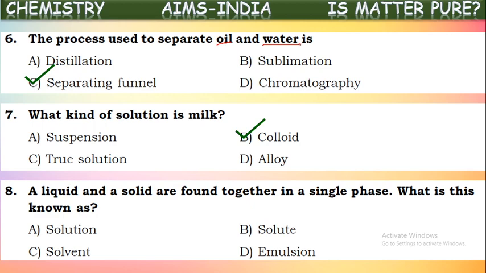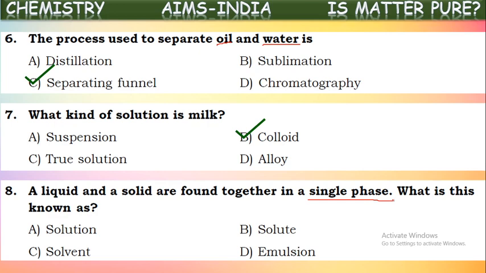Next, a liquid and a solid are found together in a single phase. What is this known as? What they are telling here is that they exist in a single phase, meaning in the same state. For example, if we take salt into water, actually salt is a solid substance. When you dissolve this common salt into water after stirring, we observe the mixture formed completely in the liquid state only.